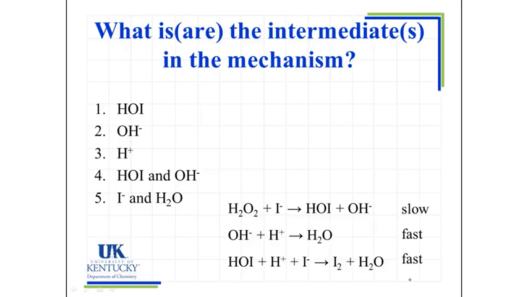Okay, we see down at the bottom of this page the mechanism that was on the previous page that we determined the slow step for. I want you to look at that mechanism and determine which substances are the intermediates. Now remember, intermediates are substances that disappear in the overall reaction. They would get canceled out, but they get produced in an early step and reconsumed in a later step.